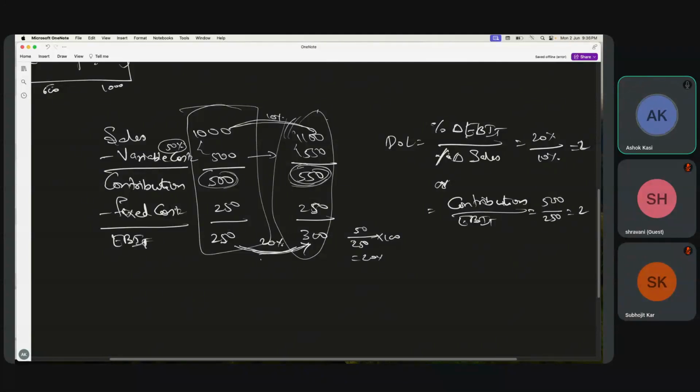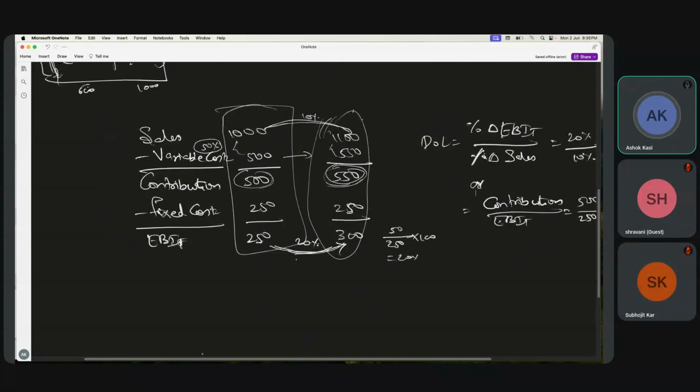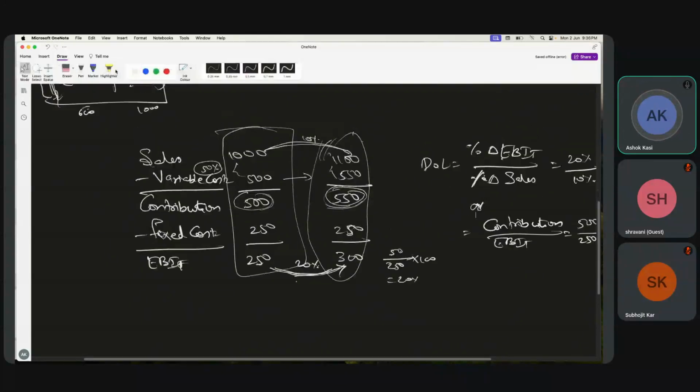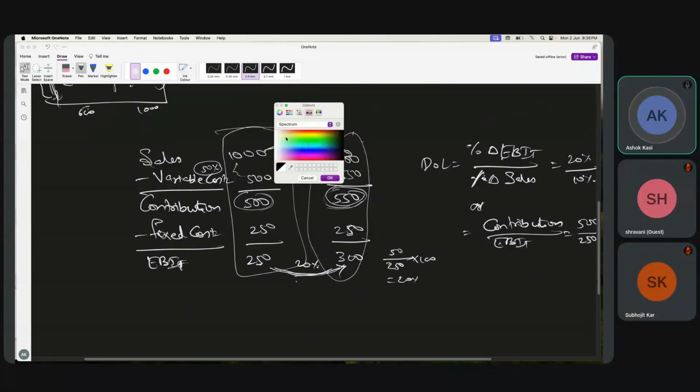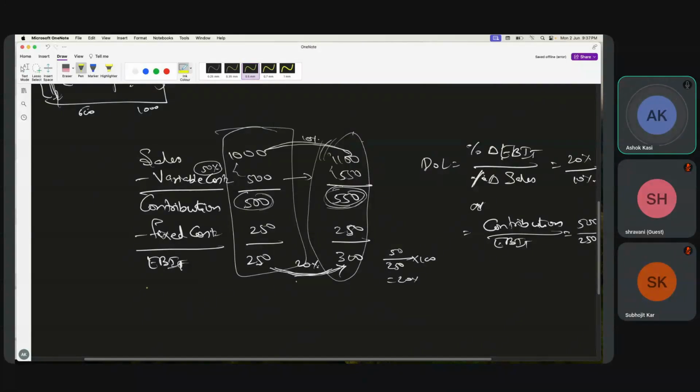Okay, these are the two formulas. Now further, the next one is degree of financial leverage. After EBIT, minus interest.